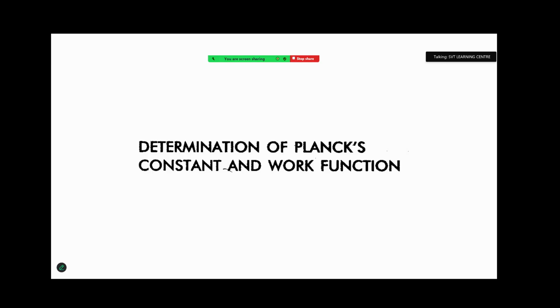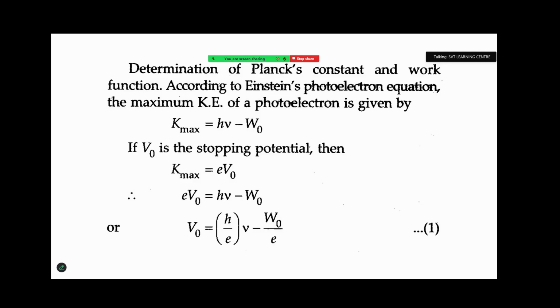Now, we do a small experiment to find out Planck's constant and the work function. The idea is very simple. We just borrow something from Einstein's equation. K max is equal to h nu minus the work function W0. Let us say that V0 is the stopping potential.